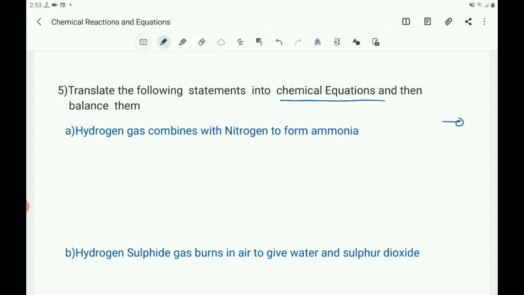First you write the symbol of hydrogen, which is H, and the molecular formula of hydrogen is H2. It reacts with nitrogen. The symbol of nitrogen is N, and N2 is a molecule of nitrogen, and you know that both are gases.